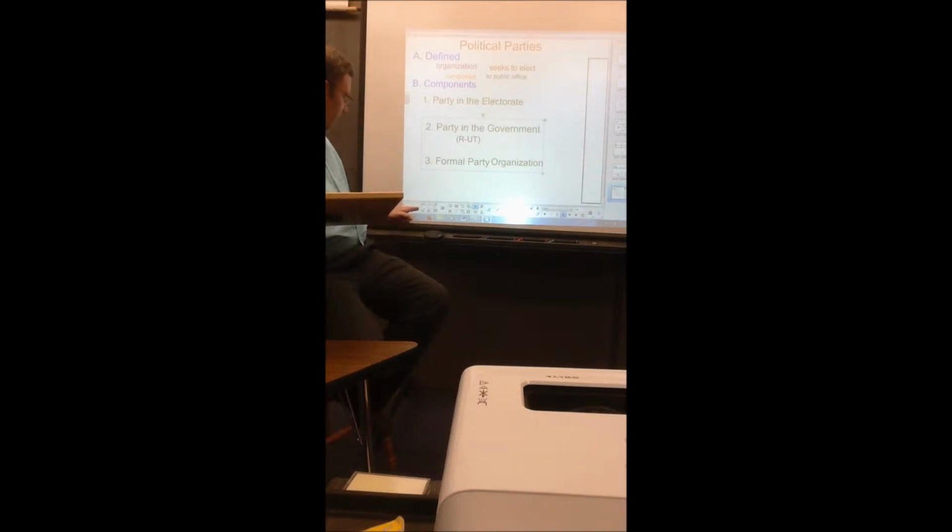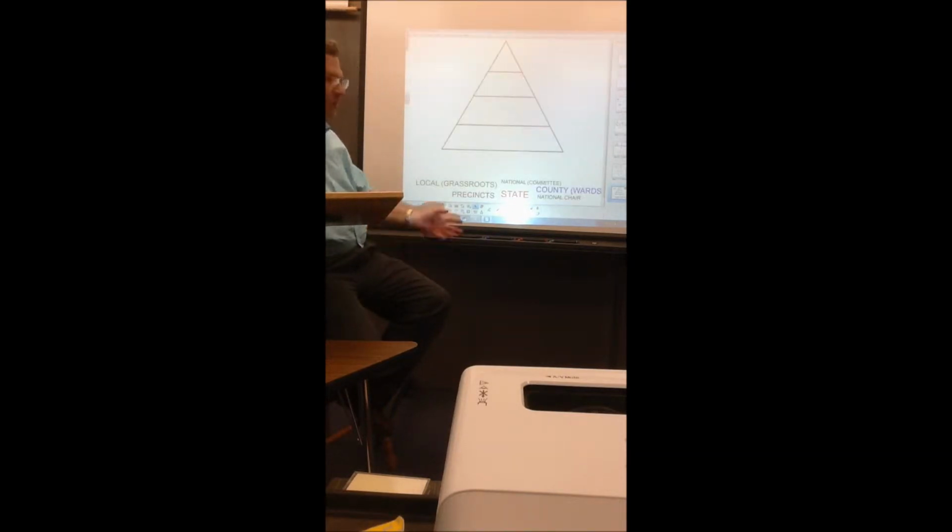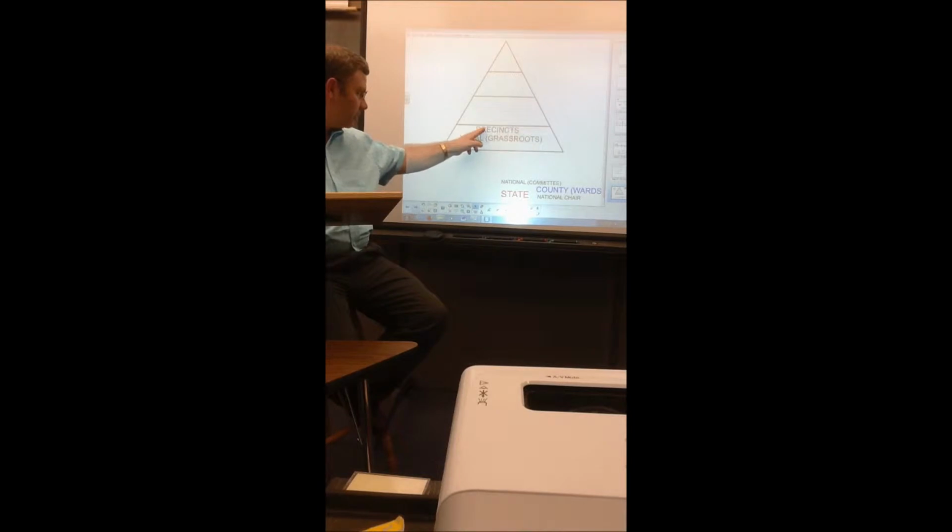So, formal party organization, just make your little pyramid here. And we have at the bottom the local or grassroots level. And in our area they are called precincts. And a precinct would be about 1,000 voters in an area.